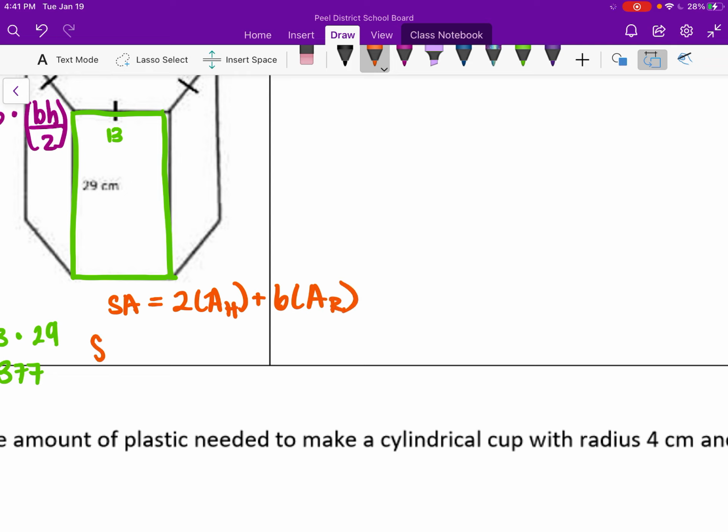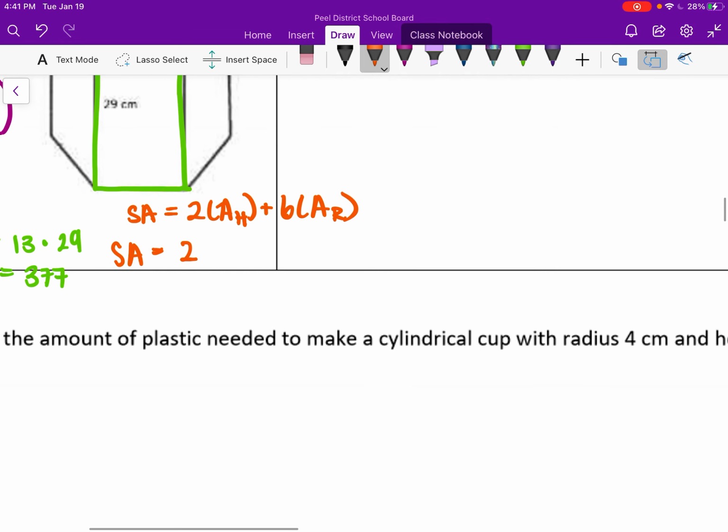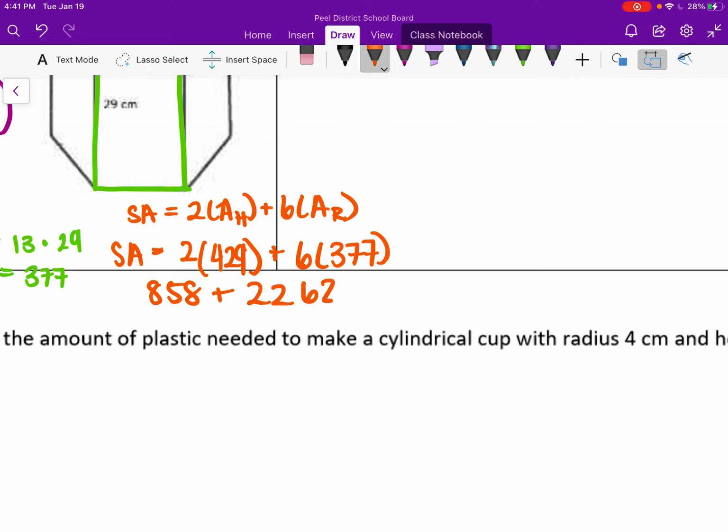So 2 times 429 plus 6 times 377, and I'm just going to do the math. 2 times 429 equals 858, plus 6 times 377 is 2262. Add 858 to that.